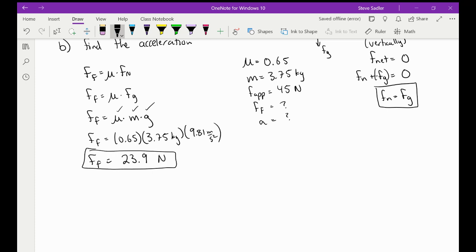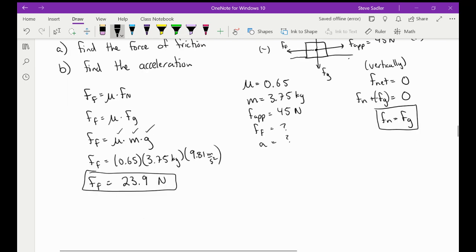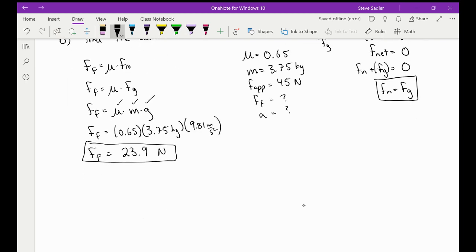That's our force of friction. We know that it's acting against the motion. So if we say this is positive, this is negative, we can also say that force of friction is negative 23.9. That also comes from right in there. If we made that negative, because that's going downwards, then we would get that negative.